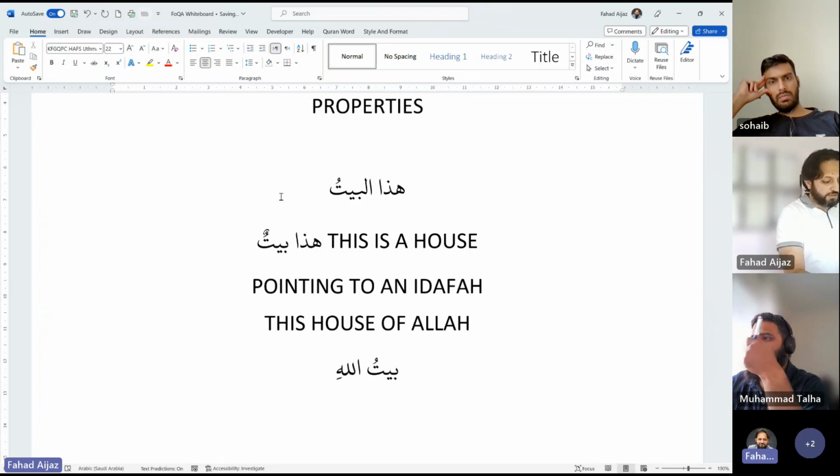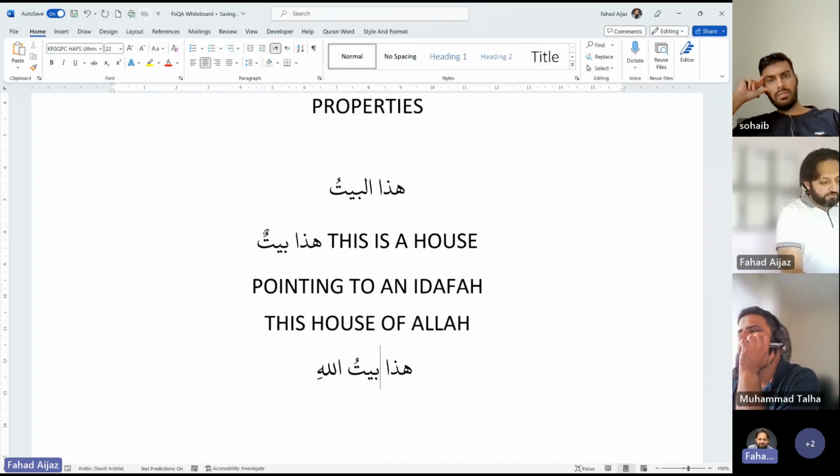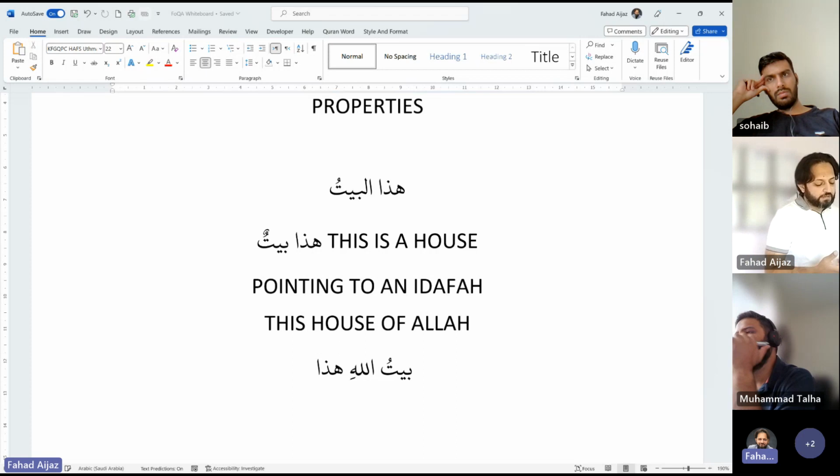We discussed the problem that if I attach a haza here, it becomes this is the house of Allah because there is no al. If I attach an al, I will kill the mudaf. So I can't do that. Instead, I put the pointer after the end. This is pointing to an idafa fragment.